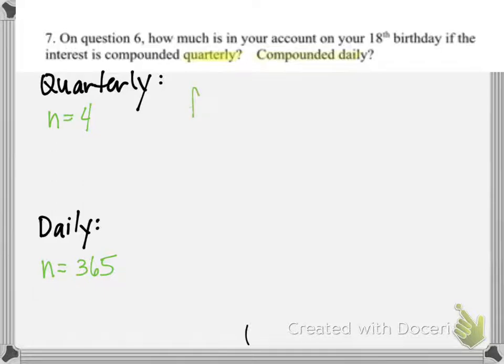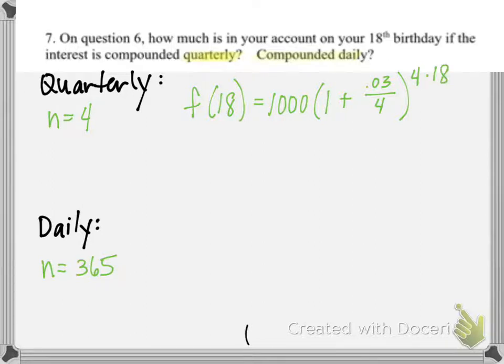So for quarterly, I'm going to plug in, still going to use 18. It would still be $1,000. 1 plus, then I have 0.03 over 4. Raise it to the 4 times 18. So everything stays the same except my n's.